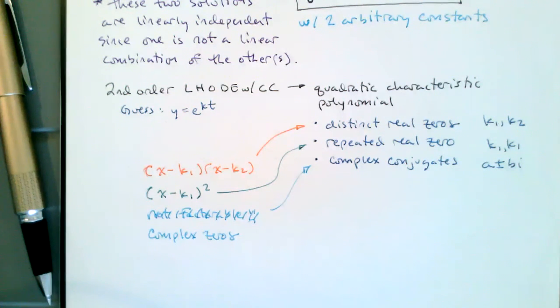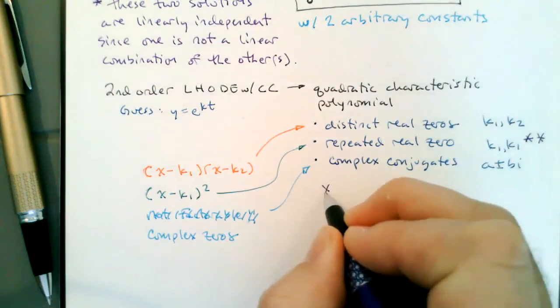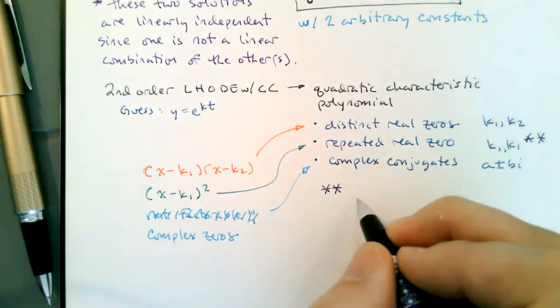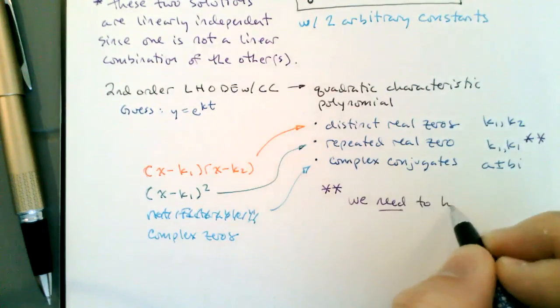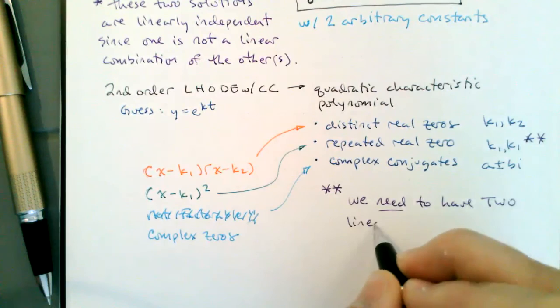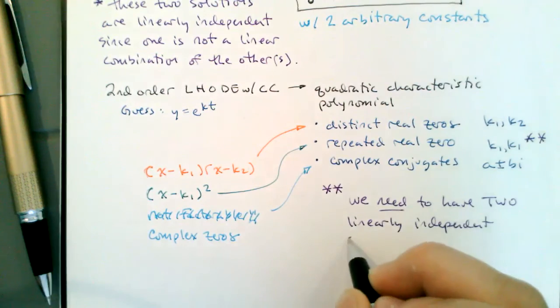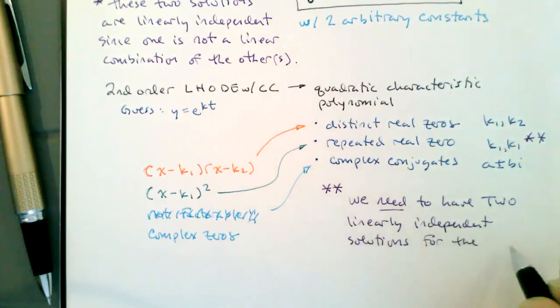One of the things to keep in mind with this repeated real zero is what complicates our situation here: we need to have, for a second order equation, two linearly independent solutions for the general solution.